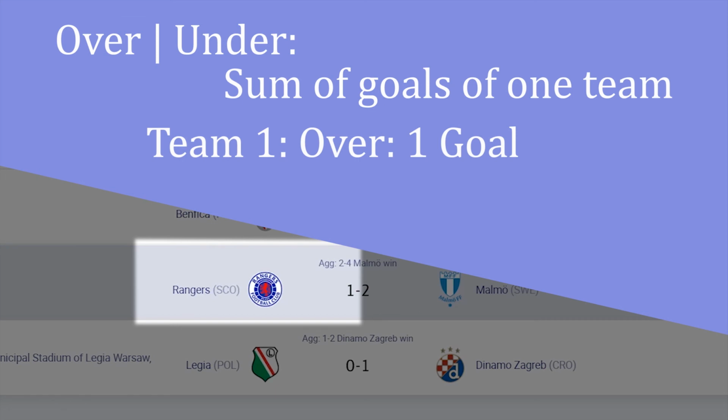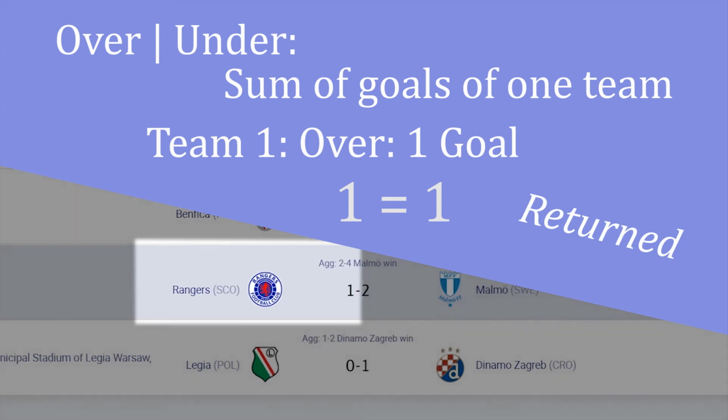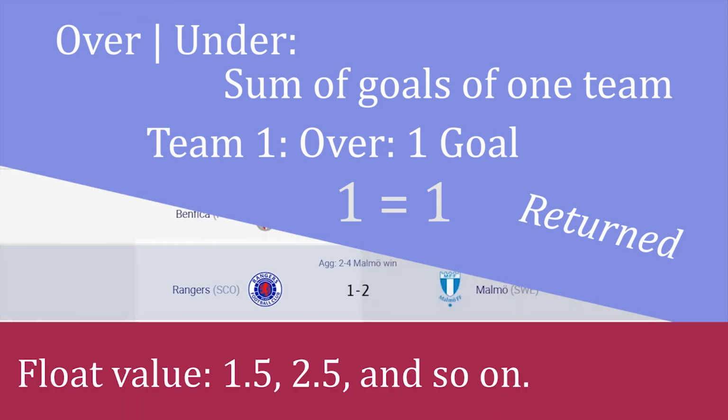In this case, team 1 is the home team, Glasgow Rangers, and your bet would have been returned because you chose over 1 for the first team and they scored exactly 1. Once again, if you want to avoid the return settlement, choose a float value like 1.5 or 2.5. It makes it mathematically impossible to settle as return.